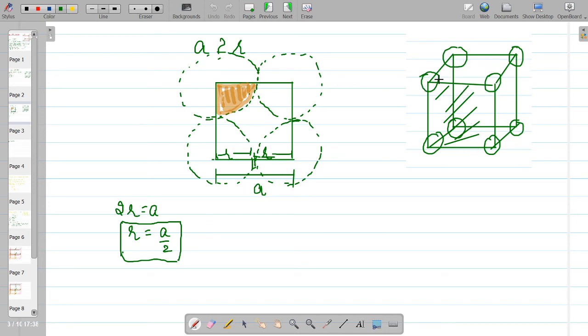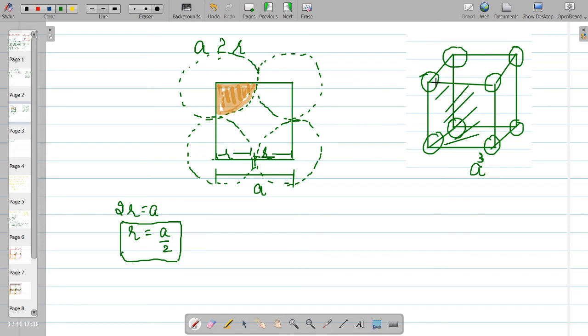As you can see these atoms, इन एटम्स ने जो बहुत ही कम एरिया लिया हुआ है इस पूरे क्यूब का. अगर हम इस पूरे क्यूब की बात करें तो इस क्यूब का जो आपके पास वॉल्यूम होगा, that would be A cube, as it is a cube and we know that volume of any cube is the cube of its size. So पूरे इस क्यूब का वॉल्यूम होगा A cube.